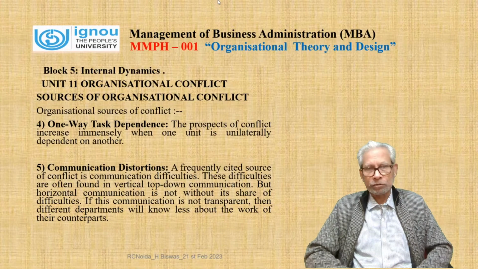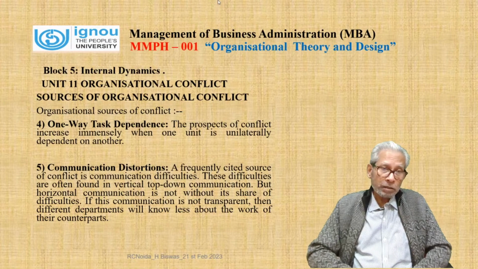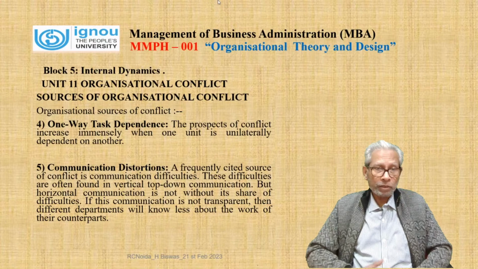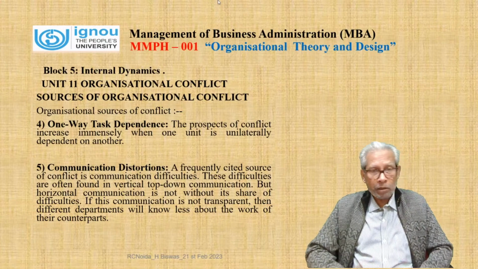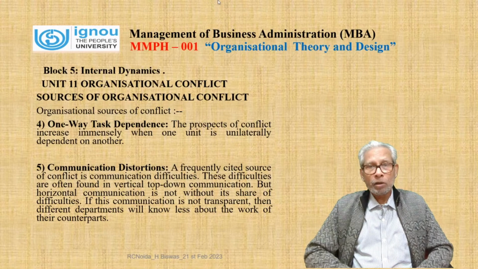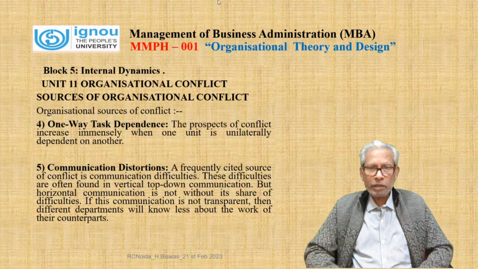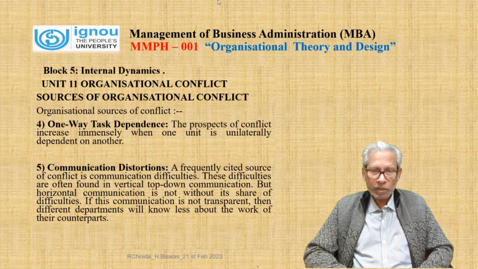Communication distortions is one of the very important things. Communication is a vital point for conflict because misunderstanding, miscommunication, or some distortion happens between people, and that creates a problem. A frequently cited source of conflict is communication difficulties.